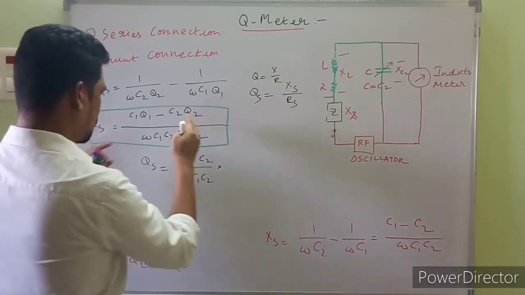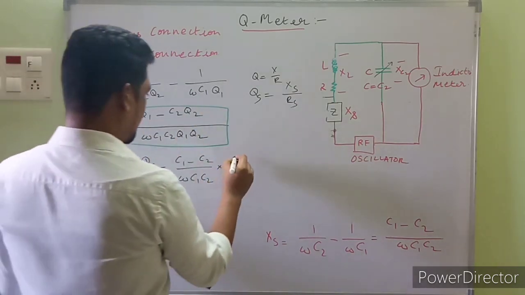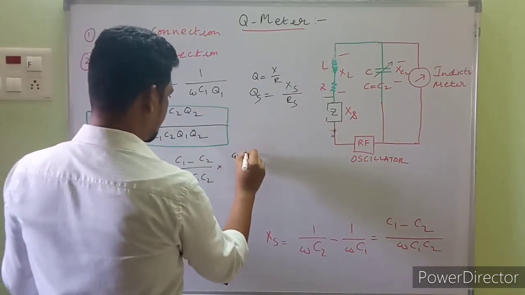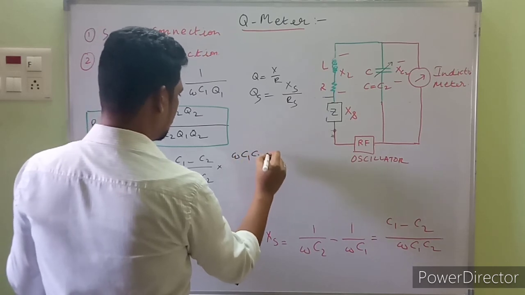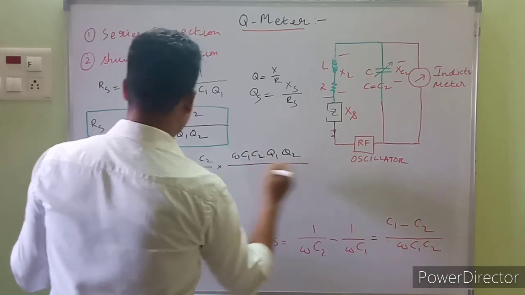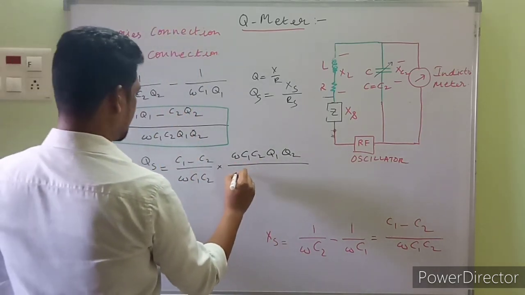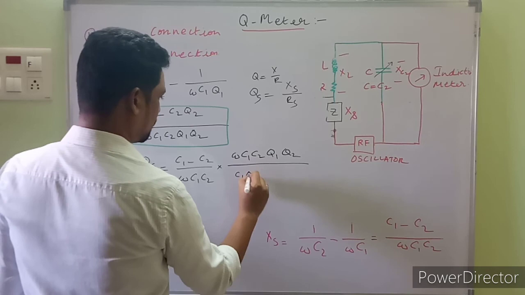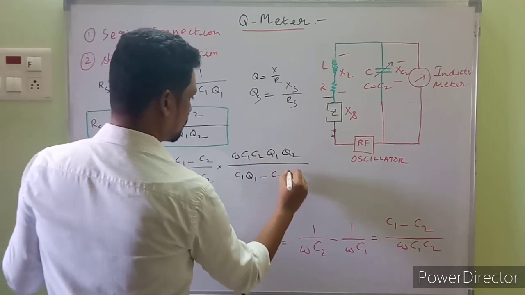Just flipping it up, we have omega C1 C2 Q1 Q2 upon C1 Q1 minus C2 Q2.